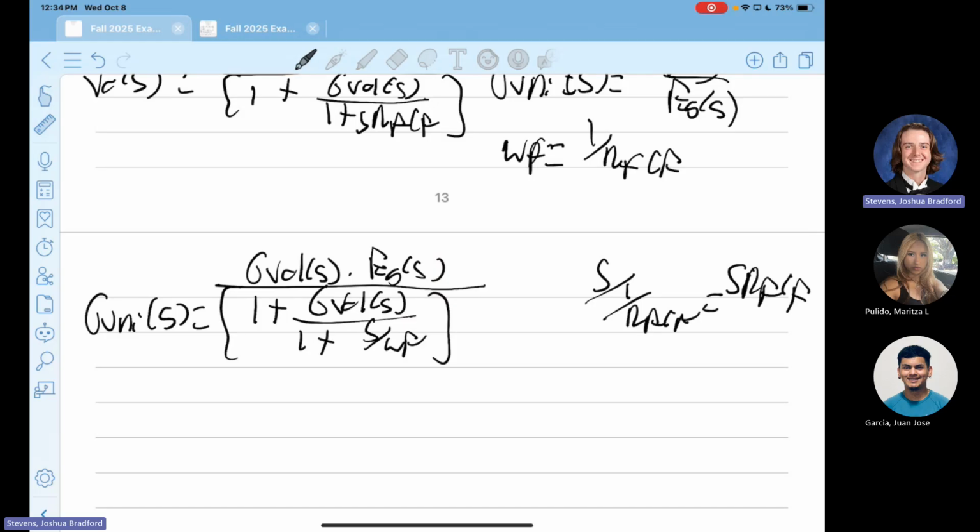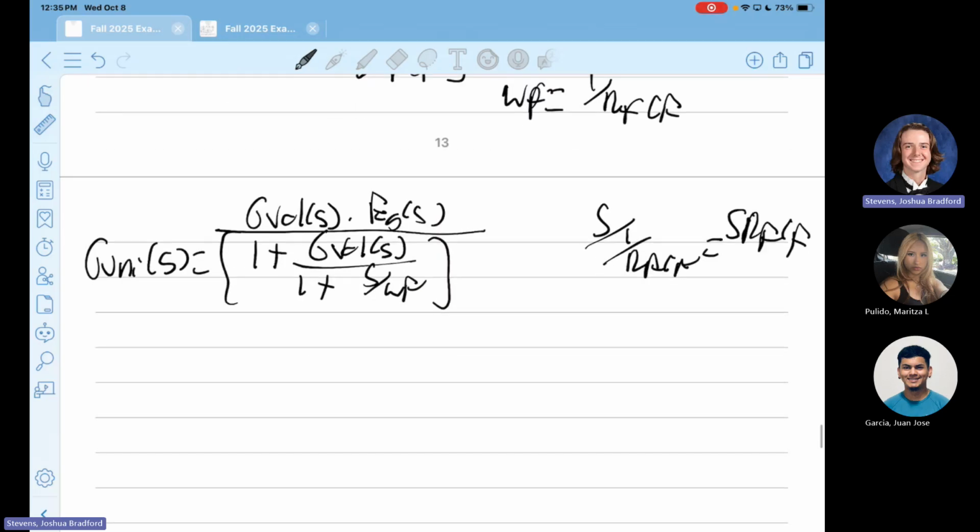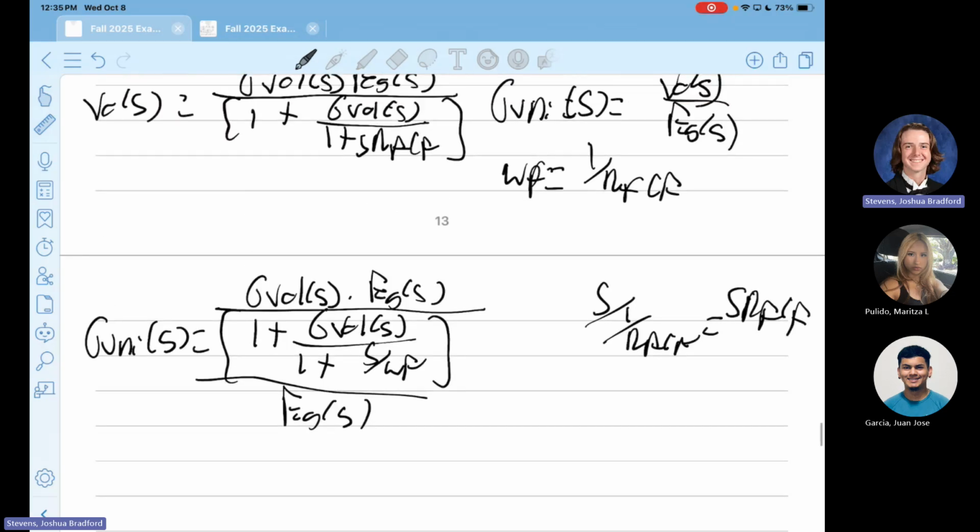Can y'all see that? Does that make sense? It just kind of makes it easy in terms of the math. So I saw that from Russell, and honestly, I was like, I'm going to do that. That makes it easy. Okay, that is all over EG of S.